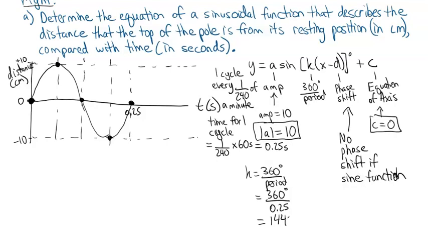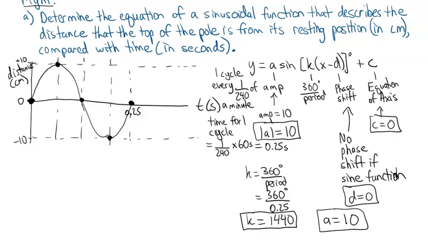You end up with 1,440. We have our k value. We have our d value. It's 0. There's no phase shift. We have our c value is 0. And now we can also conclude that the a value, not just the absolute value, is going to be positive 10. And that's because it's a positive sine function if there's no phase shift.